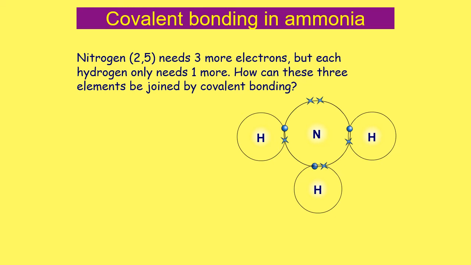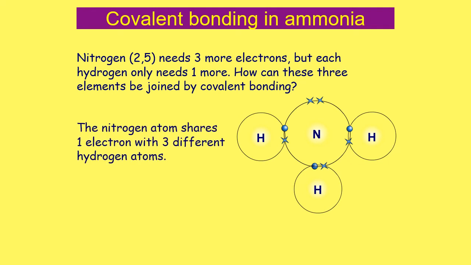So how can these elements be joined together to make a covalent bonded molecule? Well, the nitrogen shares 1 electron with 3 different hydrogen atoms. And each hydrogen shares 1 electron with the nitrogen.